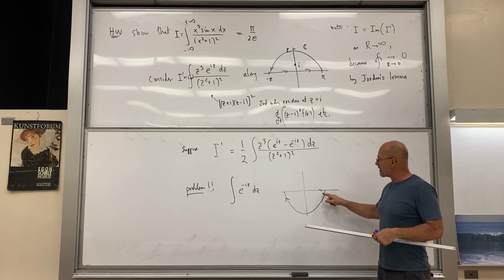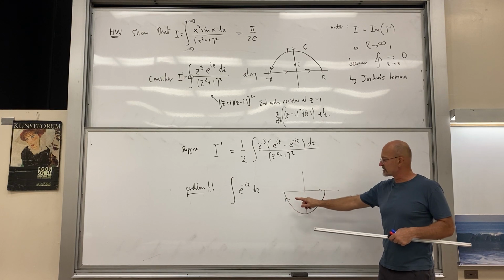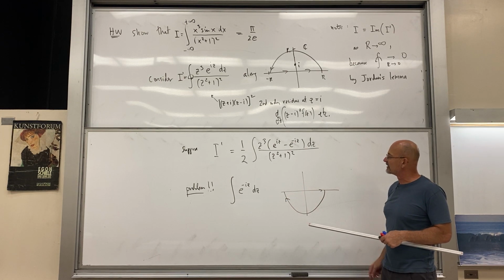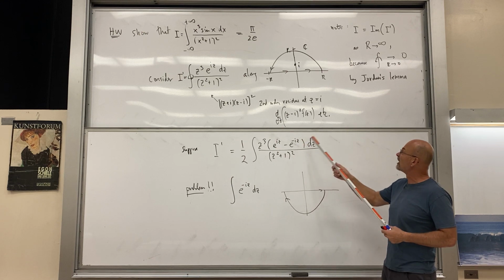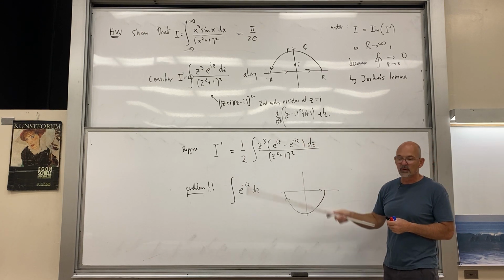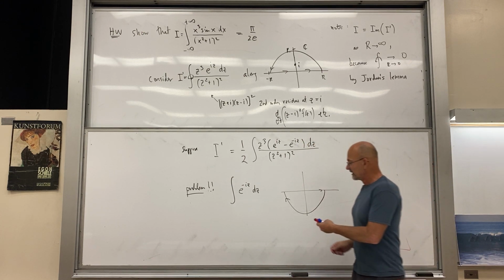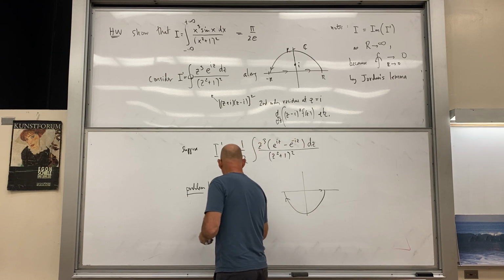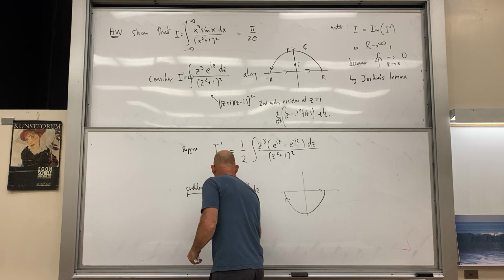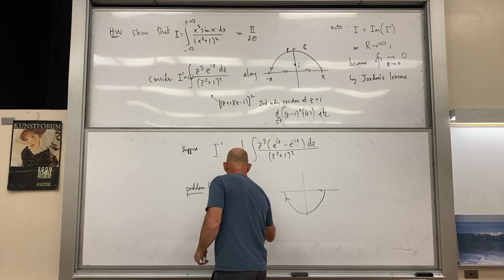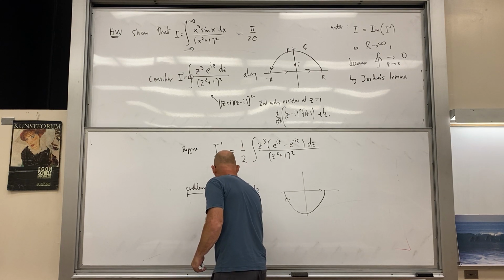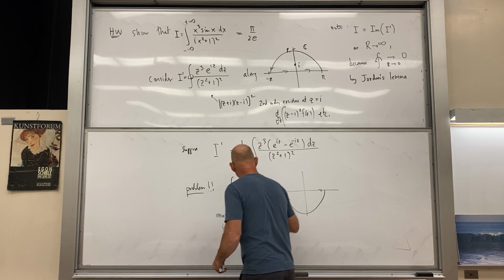In fact, it gets a minus sign because it's clockwise instead of counterclockwise, but there's a half there. When you add them all up, you'd get the same answer as before. So you can certainly do that. So the contour must be closed in the lower half plane.